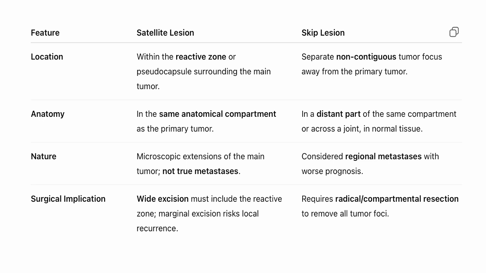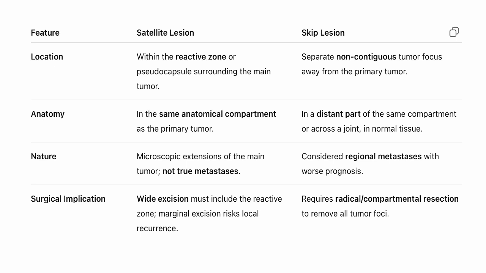Some articles also write satellite within 5 cm and skip lesion outside 5 cm, but generally the satellite is within the reactive zone in the same compartment. Skip lesions are outside of the reactive zone, in a non-contiguous area in a distant compartment.